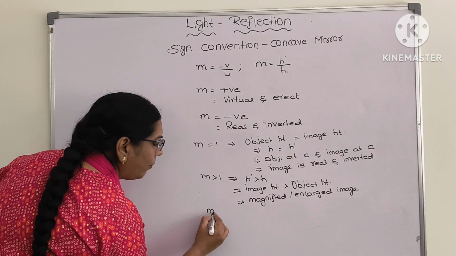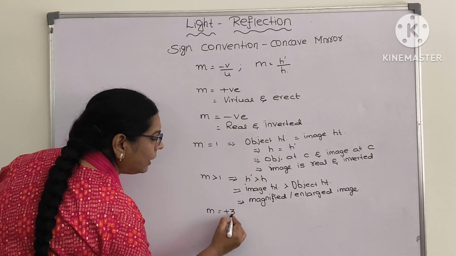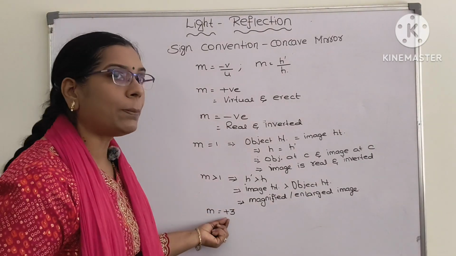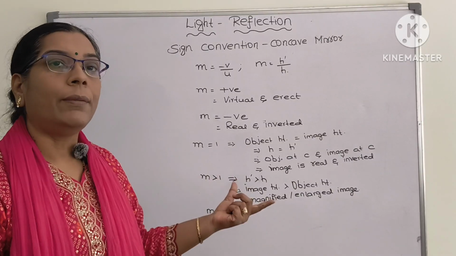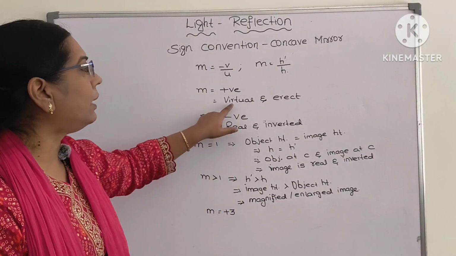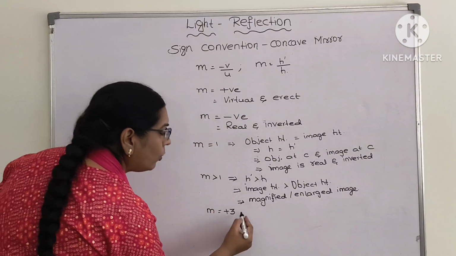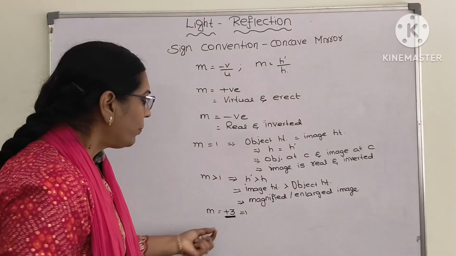However, suppose I say m is plus 3. 3 is greater than 1, so it is magnified. And also plus tells you that it is a virtual image. So how can you analyze this value?